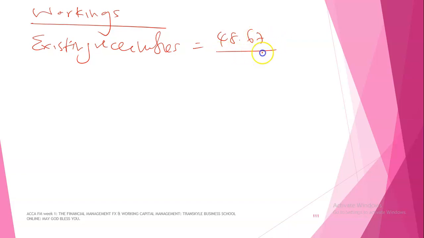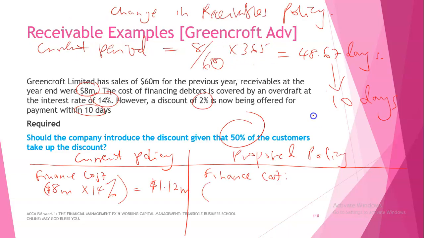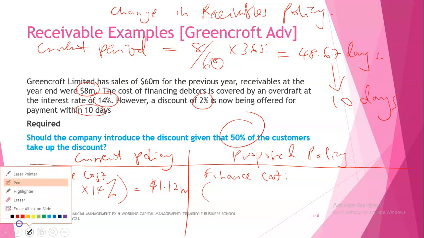So you need to do some workings. We know that the current period, the existing receivables were taking 48.67 days. Remember, we computed this figure. Don't be confused.